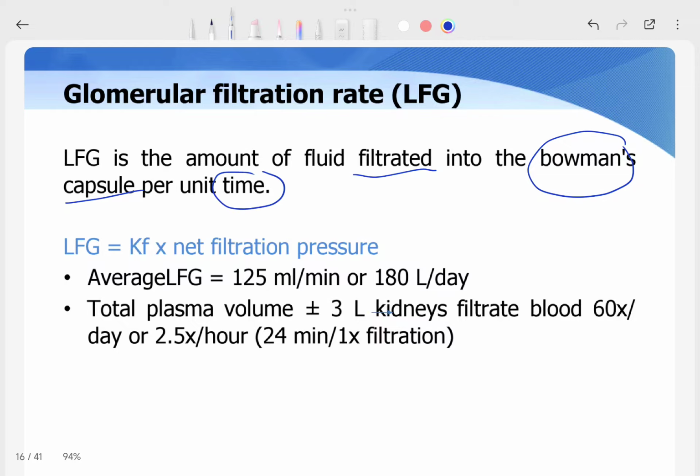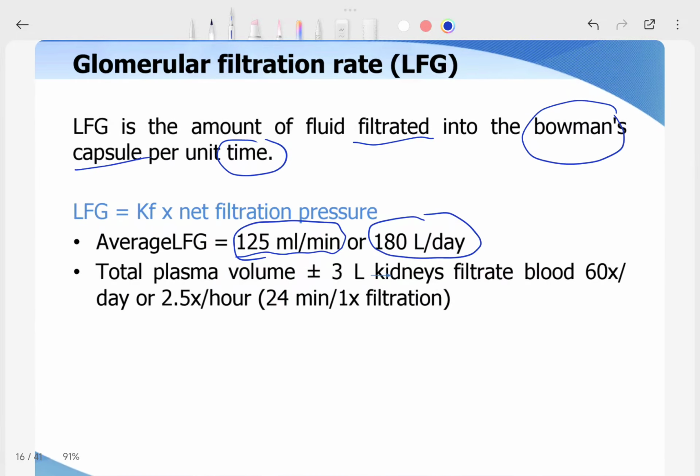The normal value is 125 milliliters per minute, or 180 liters per day. So imagine if you fill a bottle of water of 1 liter, it means that every 8 minutes it will fill 1 liter, right? So in one day you will have 180 bottles. That's a huge amount, as you can see.